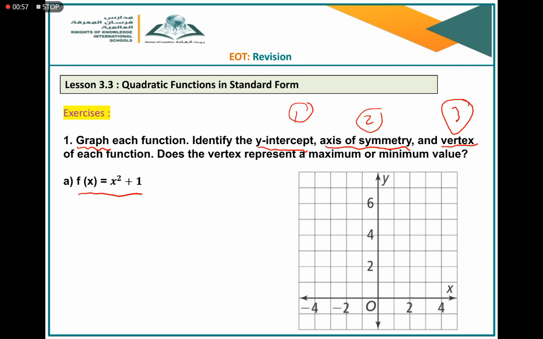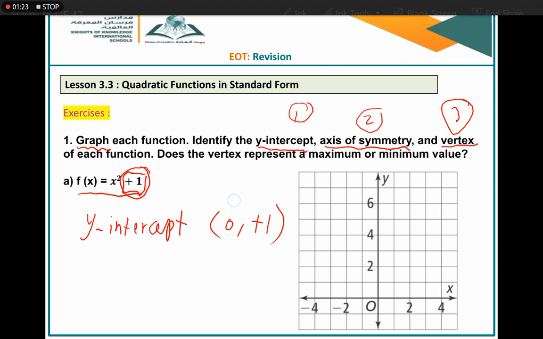The y-intercept. As you know before, the y-intercept is the number that is alone and happy here. So I find the y-intercept, which is 1, but I write it as (0, 1). So again, the y-intercept always has x equal to 0 and the number that is alone in the standard form equation.